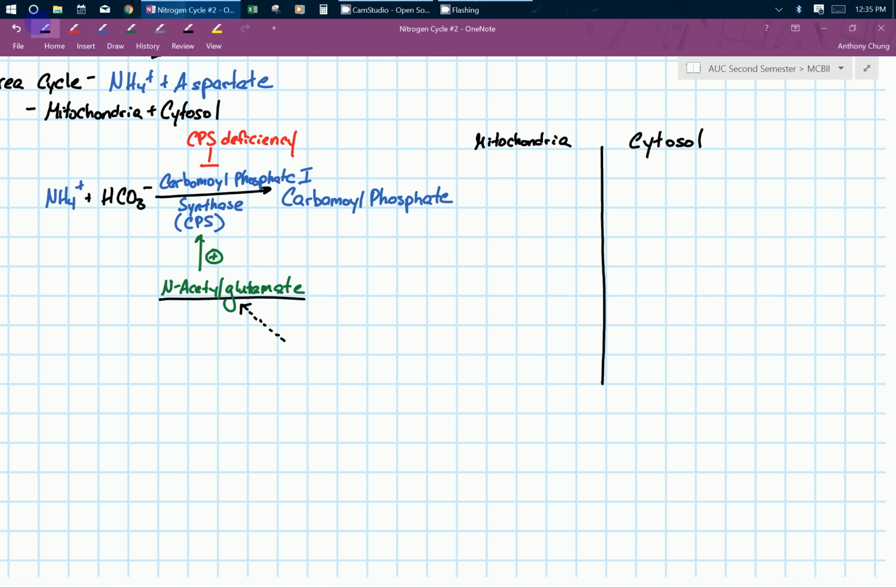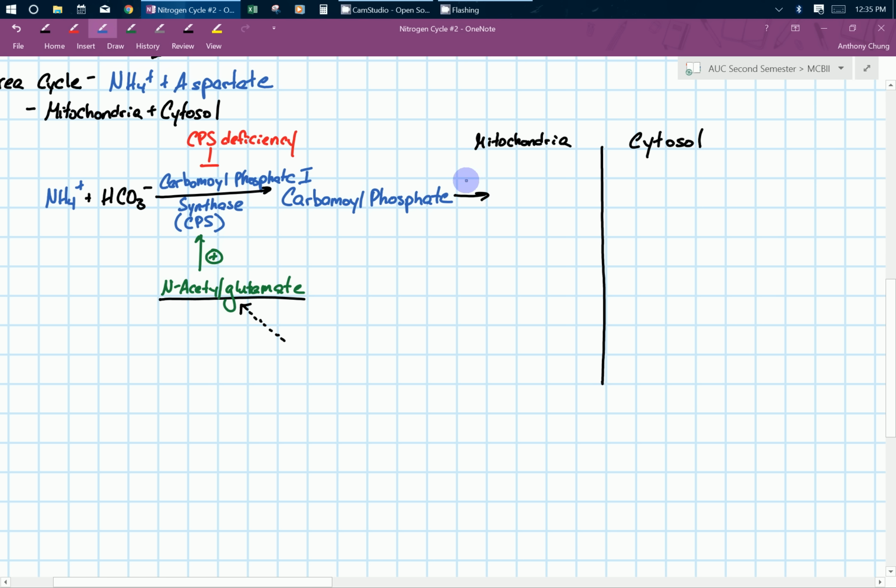All right, so the next step is where it starts to cycle. None of the steps after this is going to be regulated, but what you need to know is some of the major enzymes.